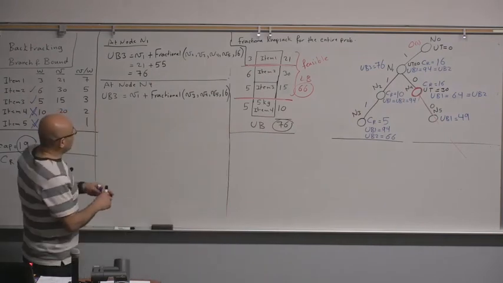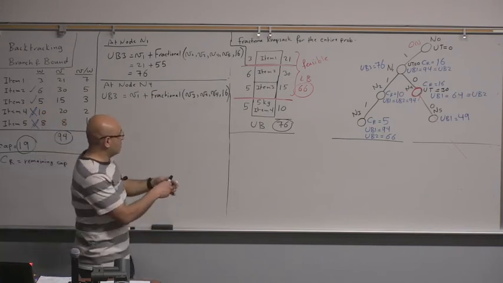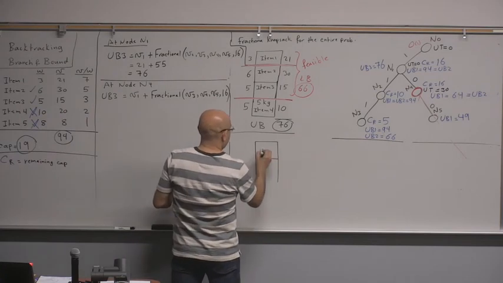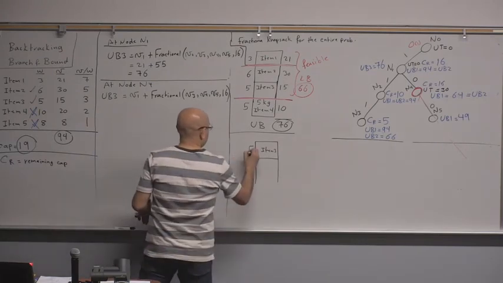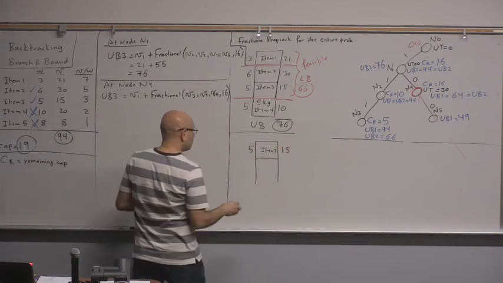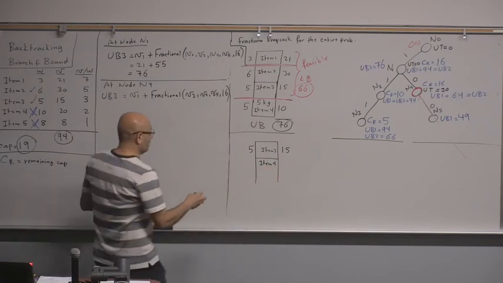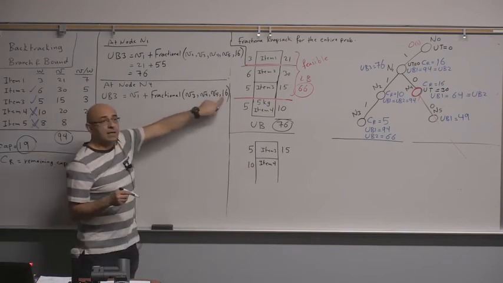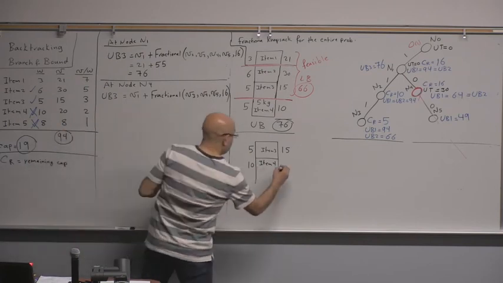Okay. Now let's solve the fractional for v3, v4, v5. So in this fractional solution, we have 16. So we can take item 3, and it's going to be 5 kilograms with a value of 15, and then we'll take item 4 with 10 kilograms. We can fit 10 kilograms because we have a remaining capacity of 16. So 10 will give us a value of 20.